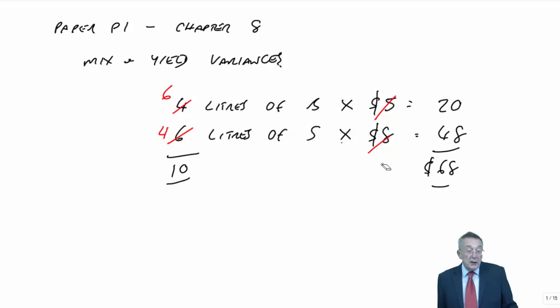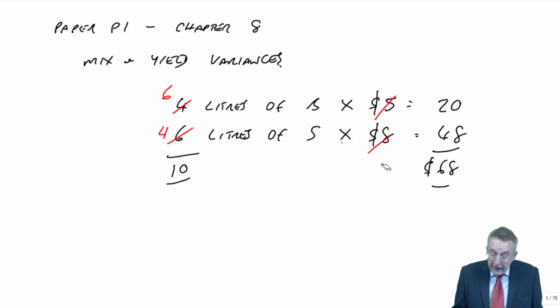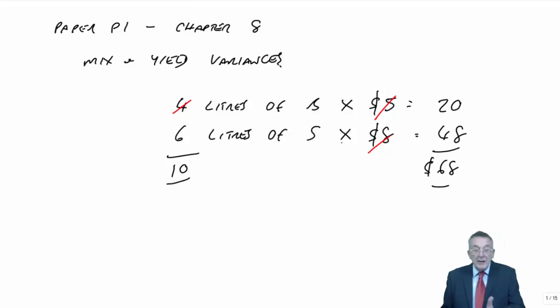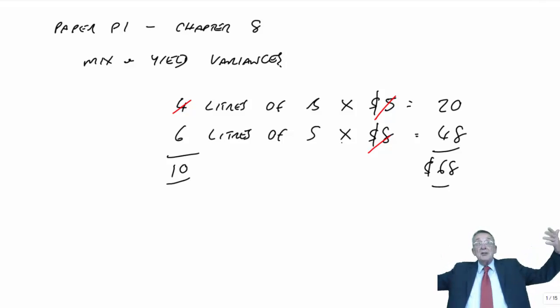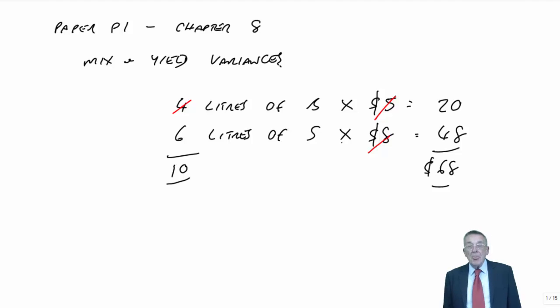One other thing can go wrong though, even if we paid the right prices, even if we did mix in the right way, we intended to do 4 of one, 6 of the other, and we did. It could be that perhaps we waste some, or perhaps we boil it and some of the juice disappears as steam.